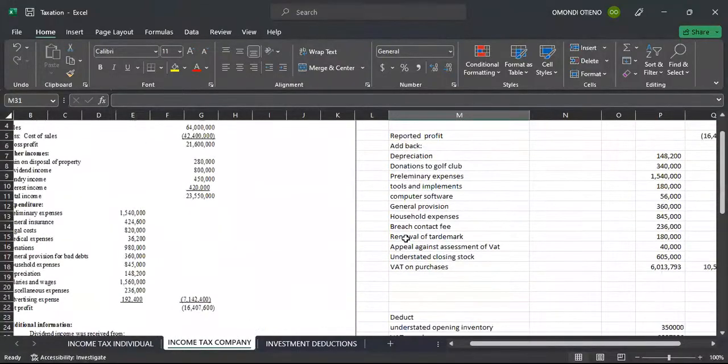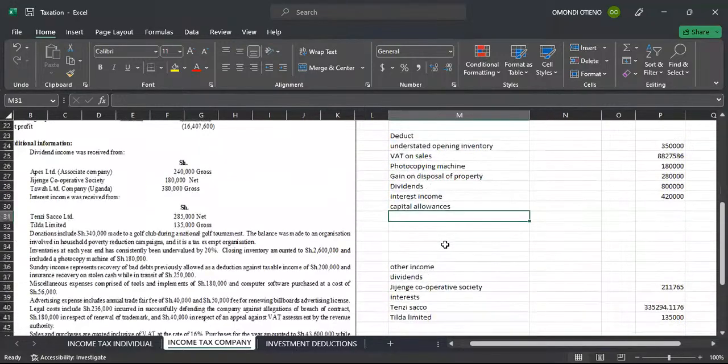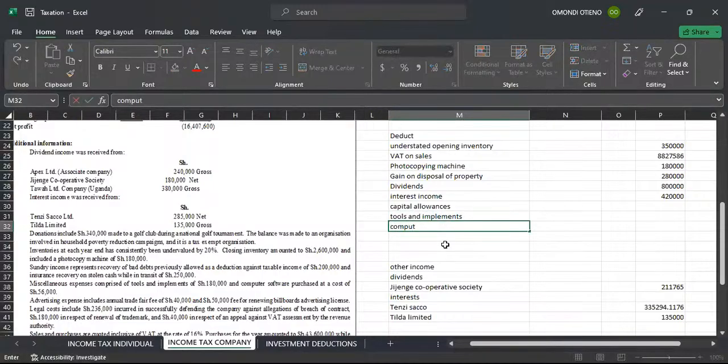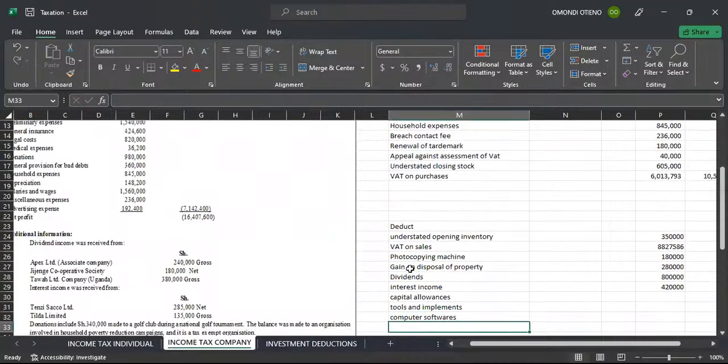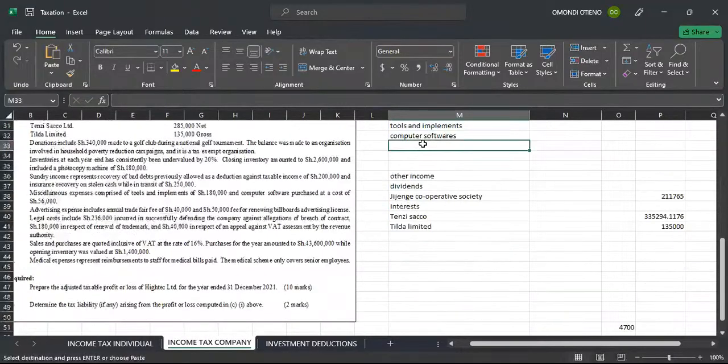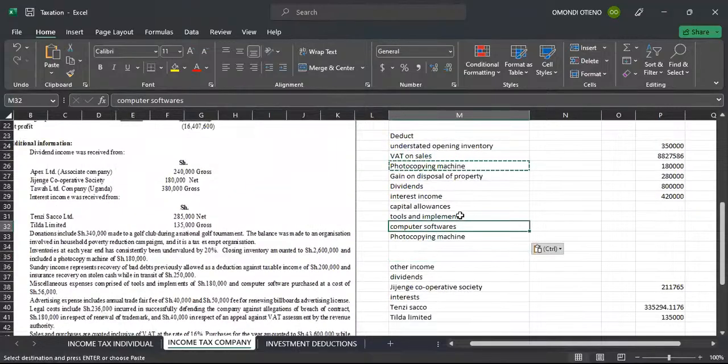Tulikuwa na tools and implements. We add computer softwares. So we have tools and implements. We have computer softwares. And then we also have what we deducted due to the way it affected our profit, that is photocopying machine. Photocopying machine will also be brought to that particular area. So let's put them with their values. The tools and implements.